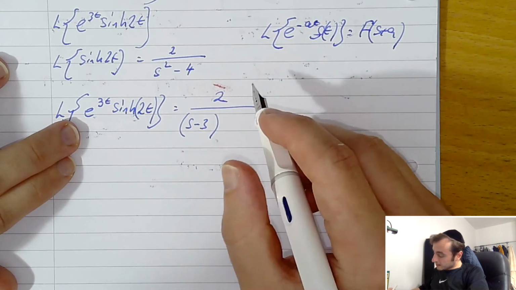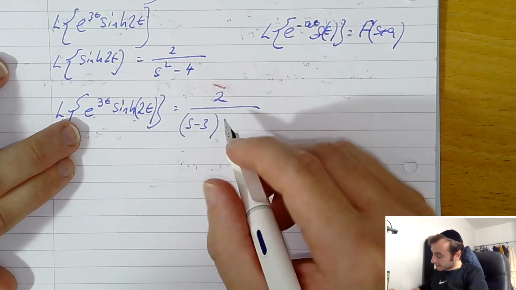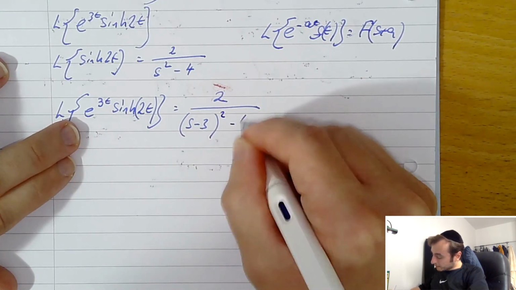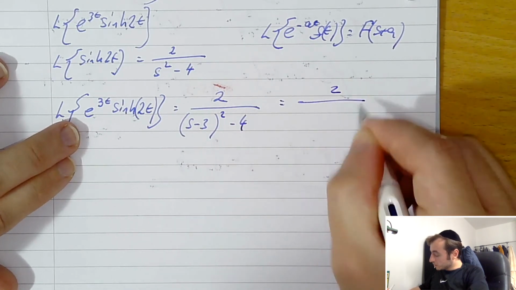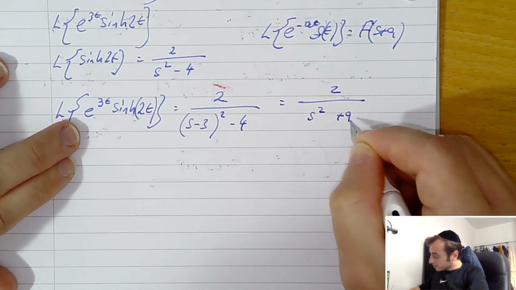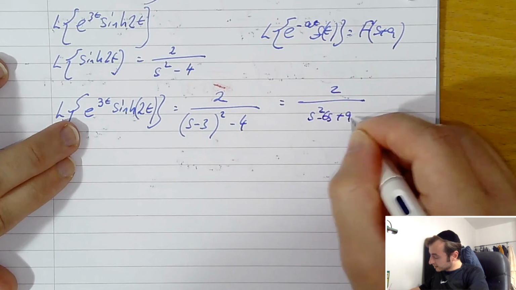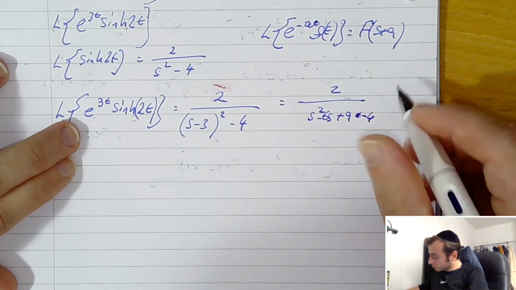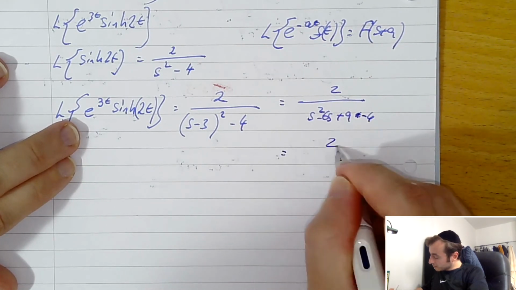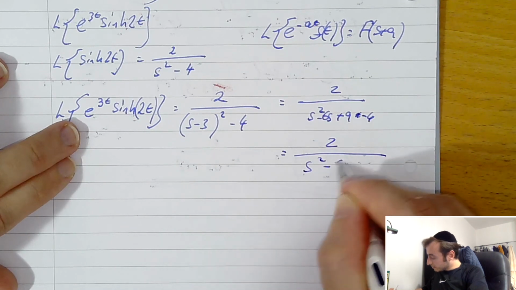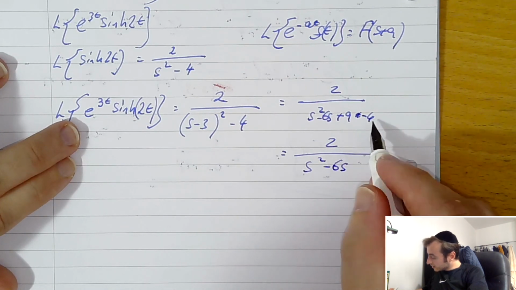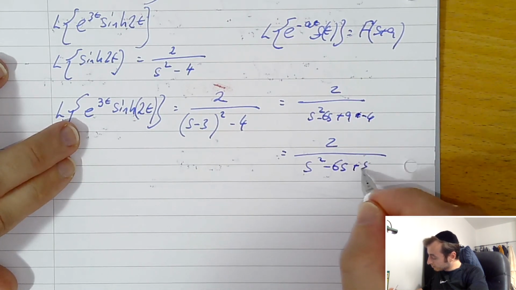Yeah. Or minus 3 really. So it's going to be s minus 3 squared minus 4. That's going to be 2 on s squared plus 9 minus 6s minus 4. So that's going to be equal to 2 on s squared minus 6s, 9 minus 4, that's going to be 5, yeah?